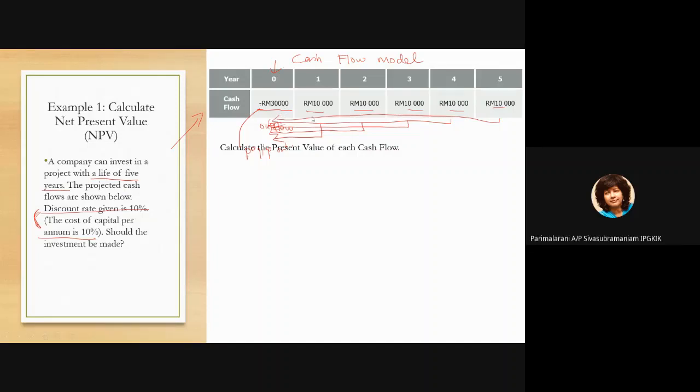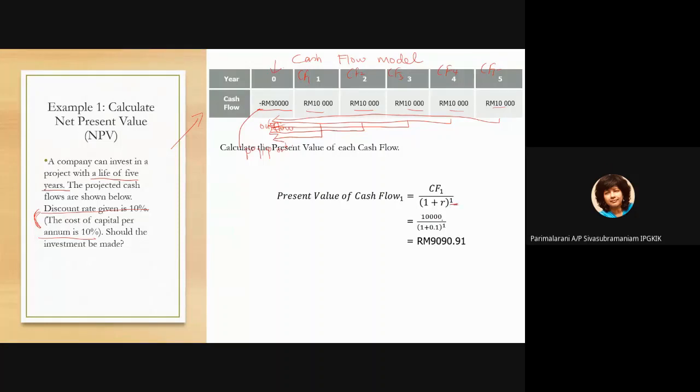Let's do the first one first. Present value of cash flow 1. Say this is CF1, this is CF2, CF3, CF4, CF5. Cash flow 1 is CF1 over (1 plus r) to the power of n, where n is 1, year 1.